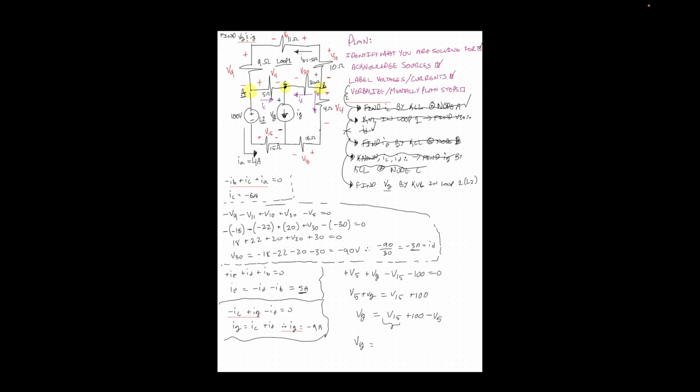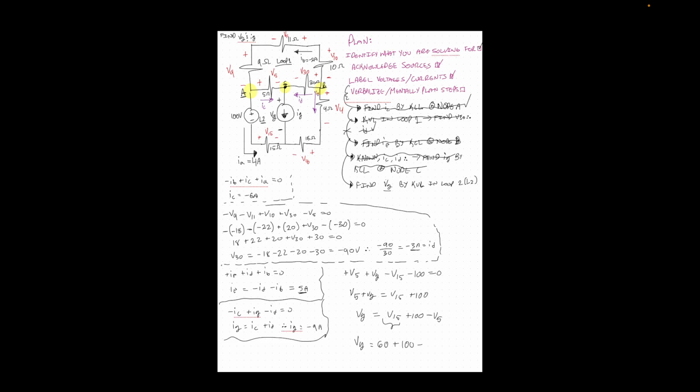We already know the current going through 15, so V15 is going to be equal to R times I, which is 15 times 4, which is 60. So we're going to have 60 plus 100 minus V5.